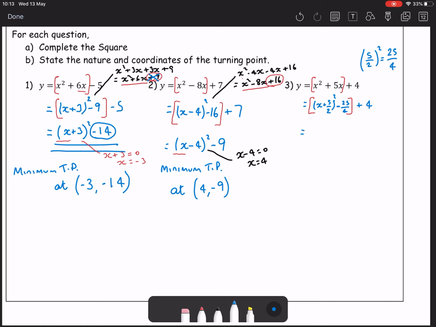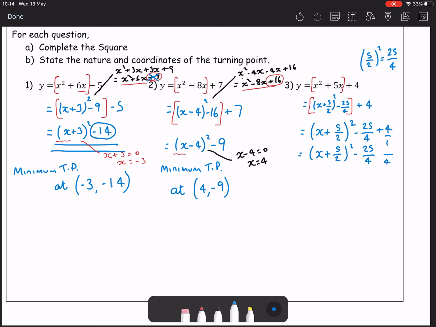Just out of neatness, I will rewrite the 4. I've taken away 25 over 4. The 4 is 4 over 1.